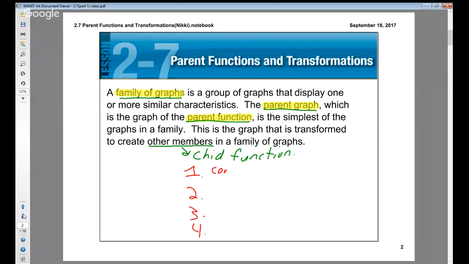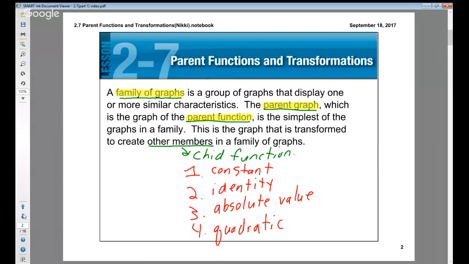There will first be the constant parent function, the identity parent function, the absolute value parent function, it's ABS, and then there's the quadratic parent function. In the next 4 slides, we're going to go through each of these parent functions and see what they look like. Let's go ahead and get started.